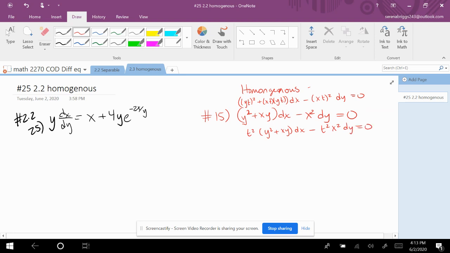So I end up with the same equation, just multiplied by t squared. That makes this a homogeneous differential equation of degree 2.